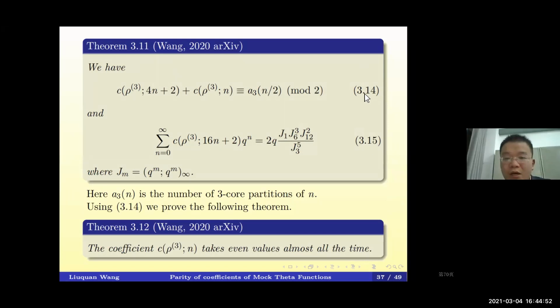And by using equation 3.14, we show that the coefficient of rho of Q actually takes even values almost all the time. So this function is still of parity type 1, 0, but we still cannot find all the n such that its nth term is odd.